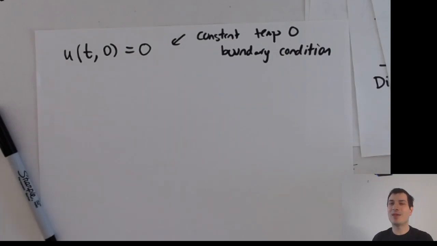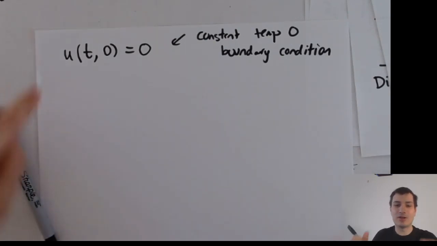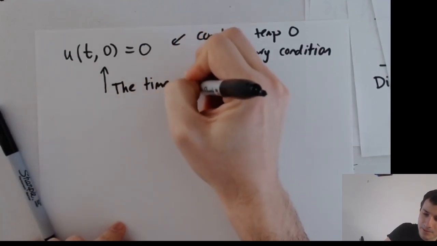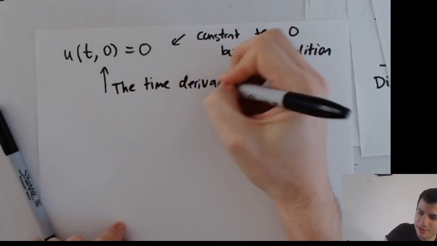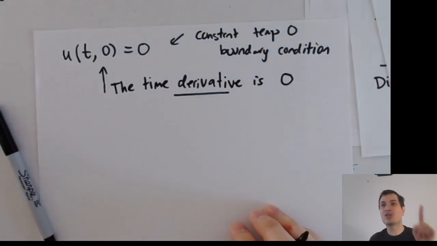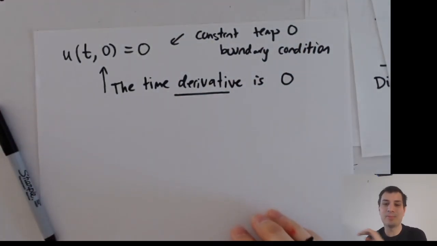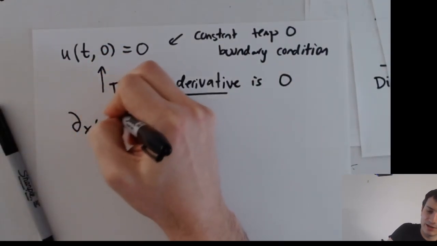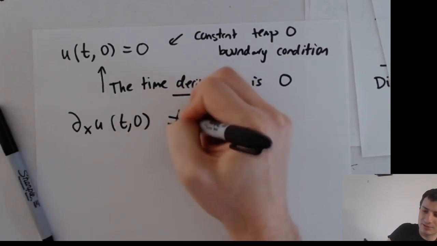But you've got to be careful about which derivative you're talking about. The time derivative is 0. It's a constant in time, but that does not mean that the space derivative, partial x u(t, 0), is equal to 0.